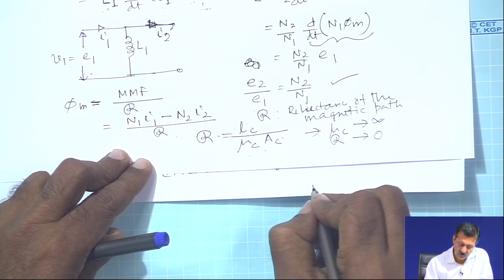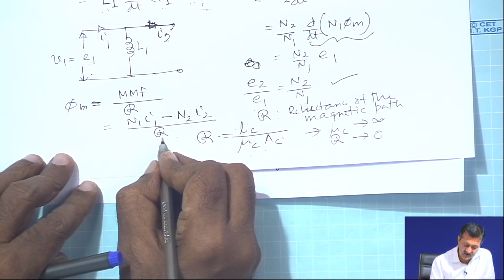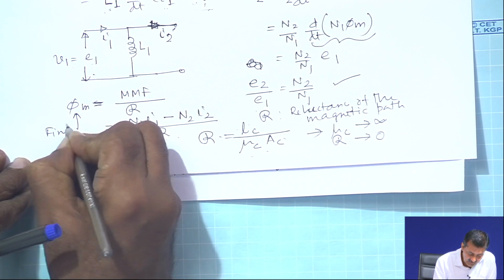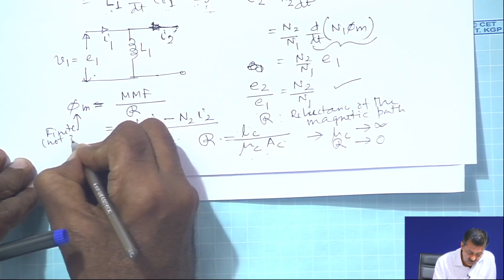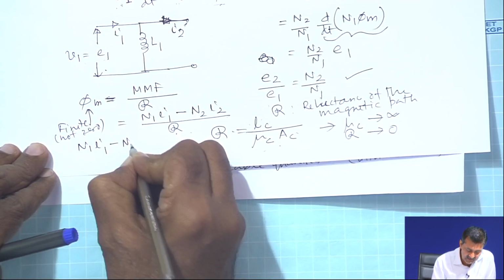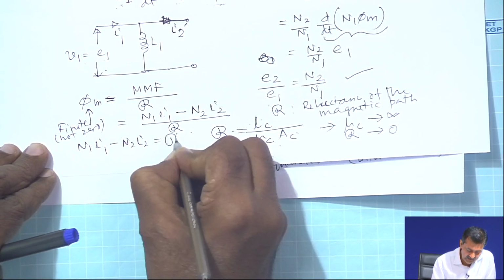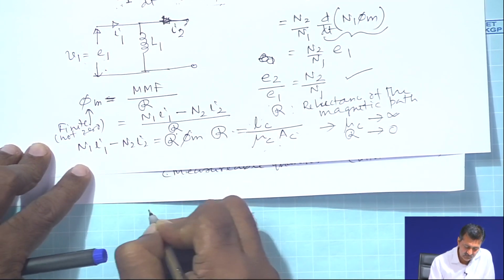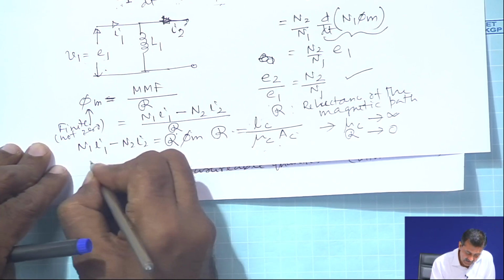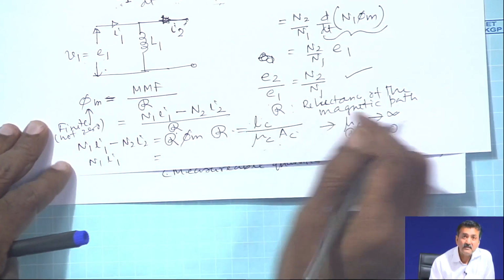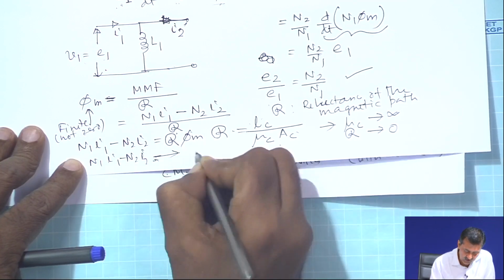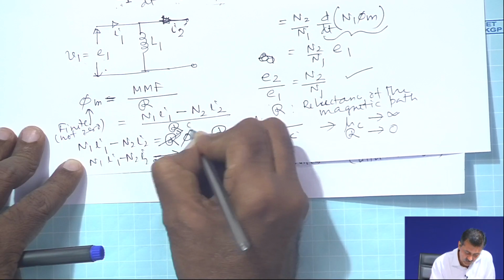Therefore, reluctance tends to 0, but phi m is finite, not 0. So, what we are getting is N 1 I 1 minus N 2 I 2 is equal to reluctance into phi m. Since reluctance approaches 0, N 1 I 1 minus N 2 I 2 also tends towards 0.